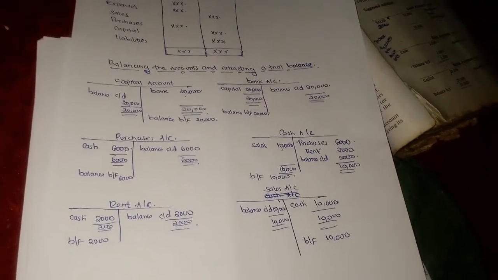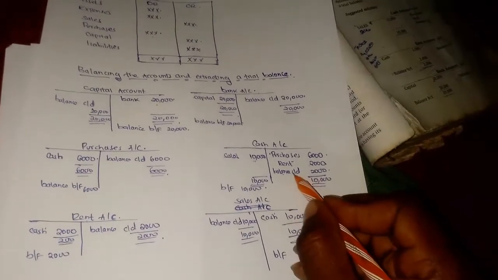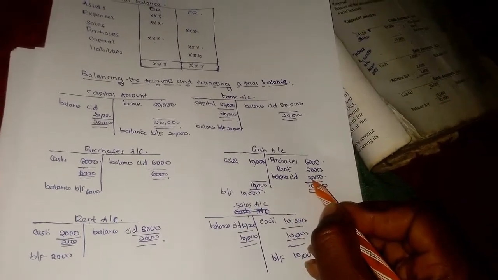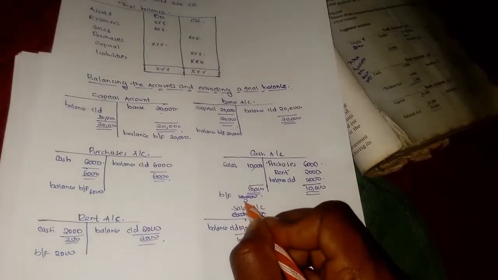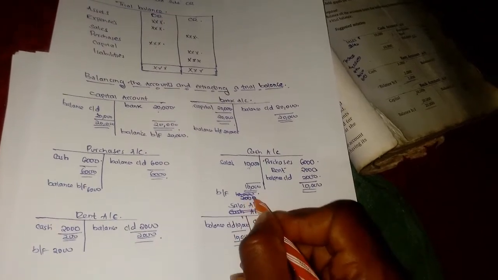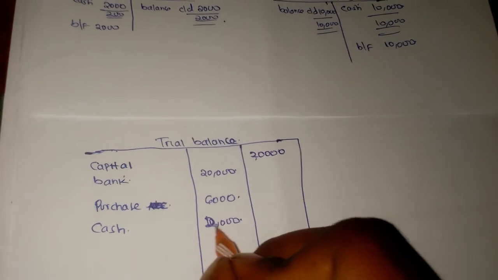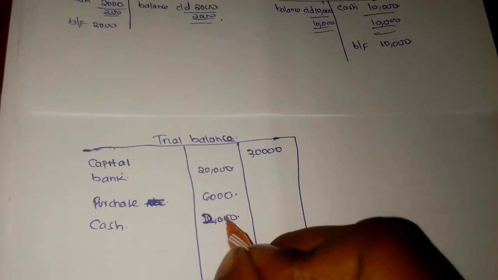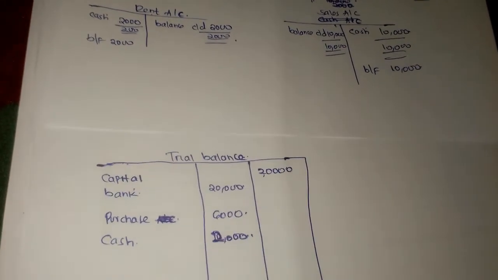Not cash, it's not 10,000, it is 2,000. Sorry, here our balance carried down was 2,000. So our balance brought forward will be 2,000. So we have our 2,000 here. Our cash is 2,000.